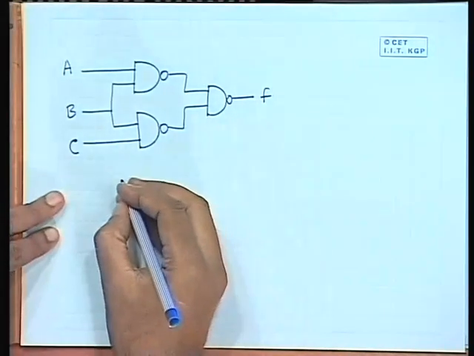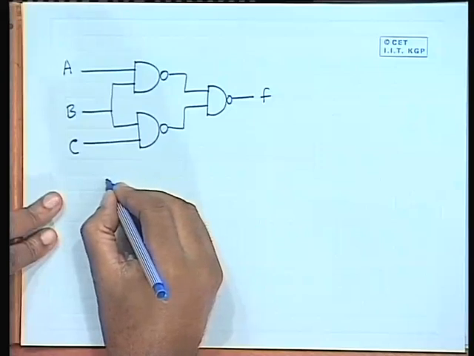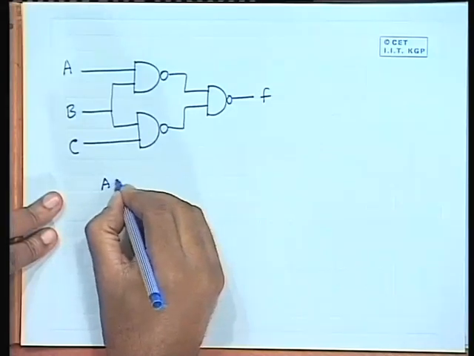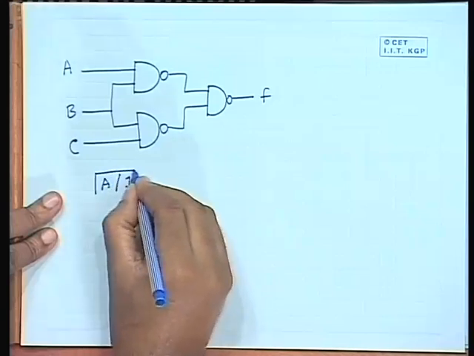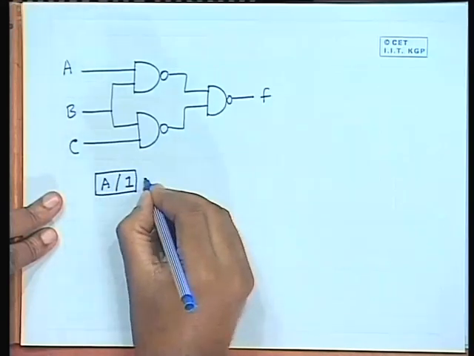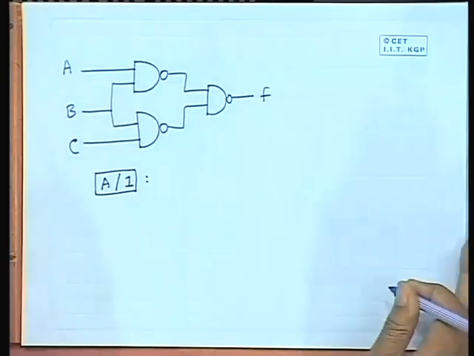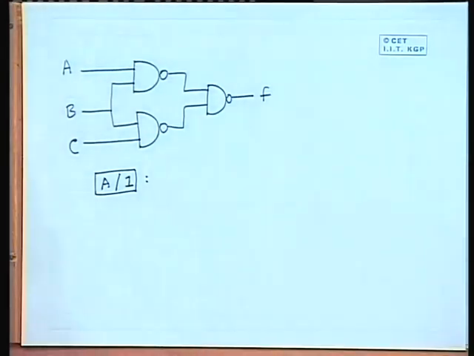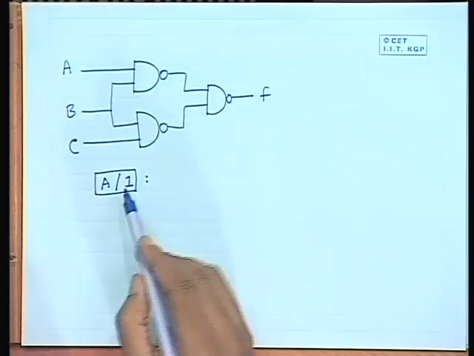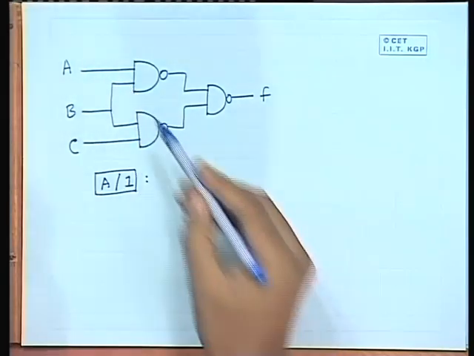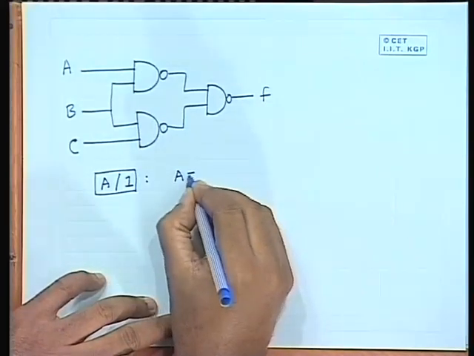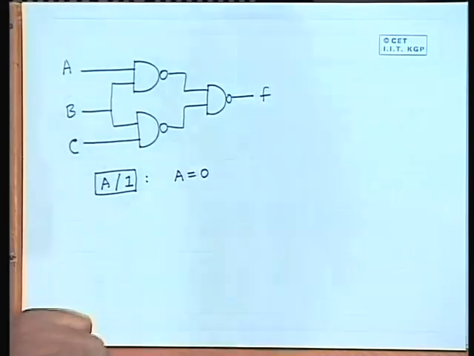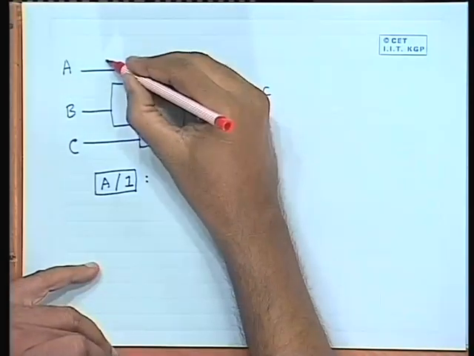First, we consider a fault, say A stuck at 1. Now, in order to detect A stuck at 1, what is the test vector you need to apply? For A stuck at 1, you have to apply a reverse logic value to the line A. So, A has to be 0 in the first place.